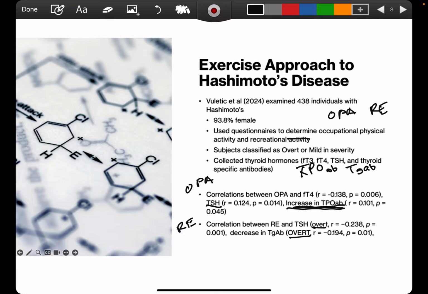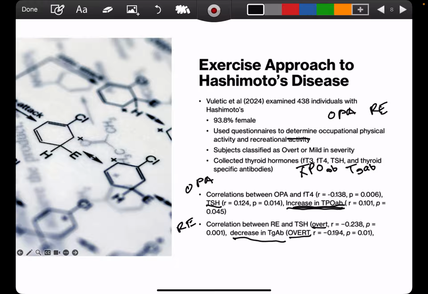Conversely, when you look at the recreational exercise group, with the decrease in TSH, we are presuming that the TSH is being utilized by the thyroid, given these people are doing a little bit more exercise.